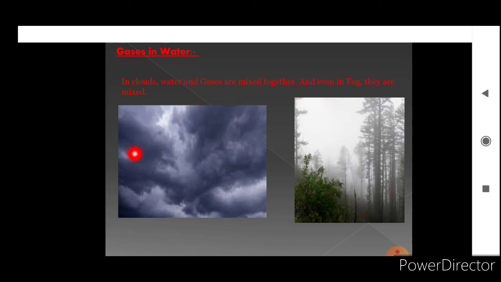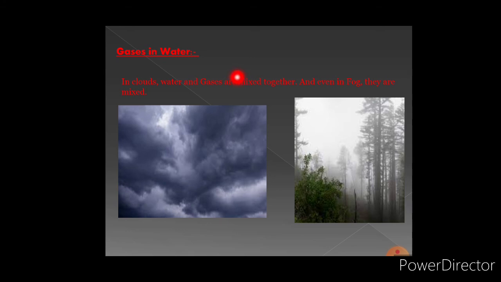You know that around us air is present, and air is a mixture of many gases like carbon dioxide. Same way, whenever the clouds are forming, the water and the gases are mixed together. Due to this, cloud formation takes place. This is one example for gases in water. And even in fog, they are mixed up. Fog is also a mixture of water and other gases.